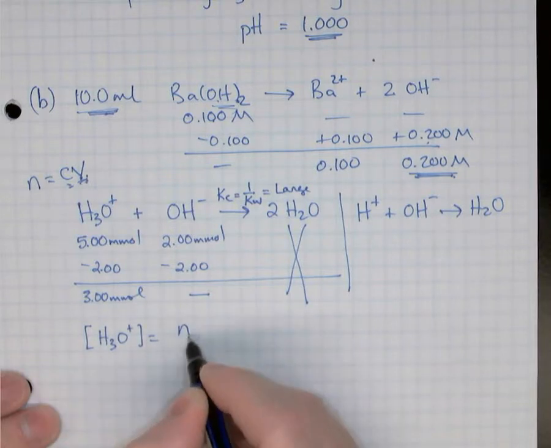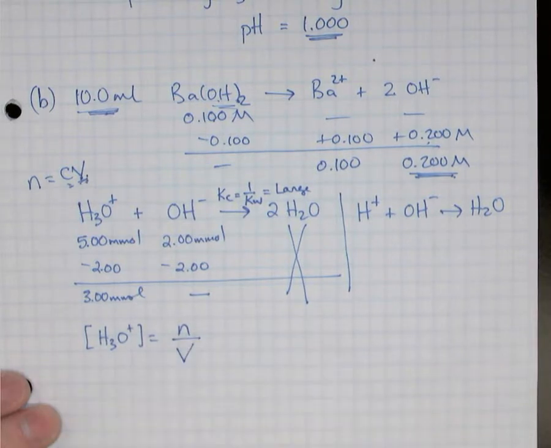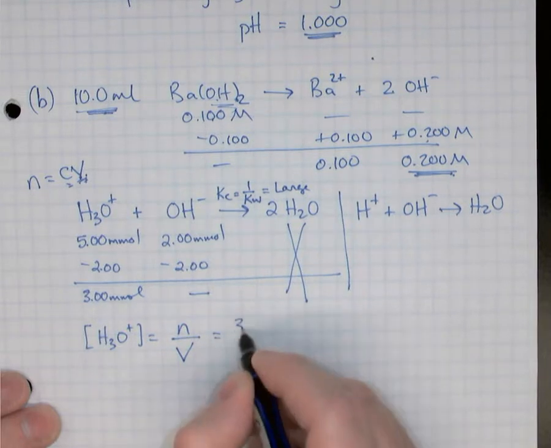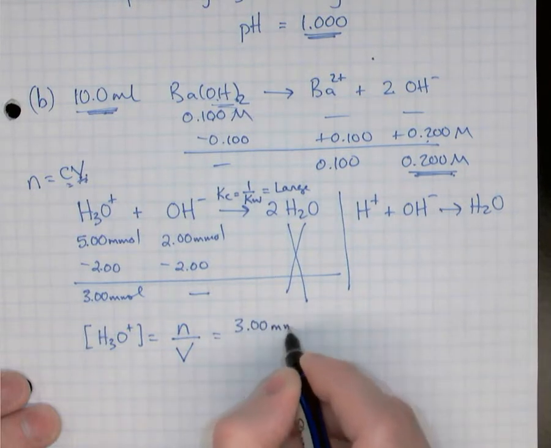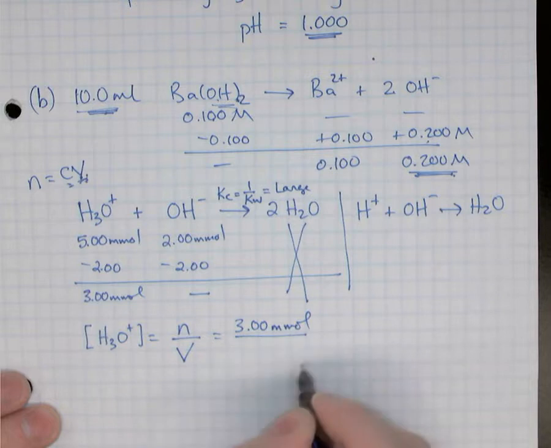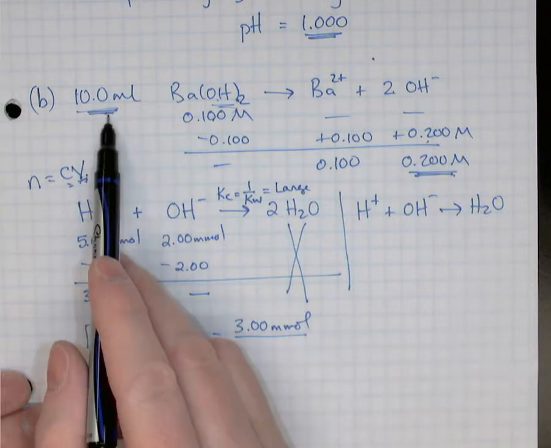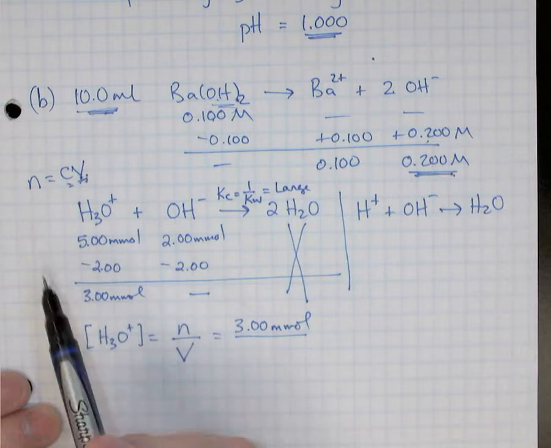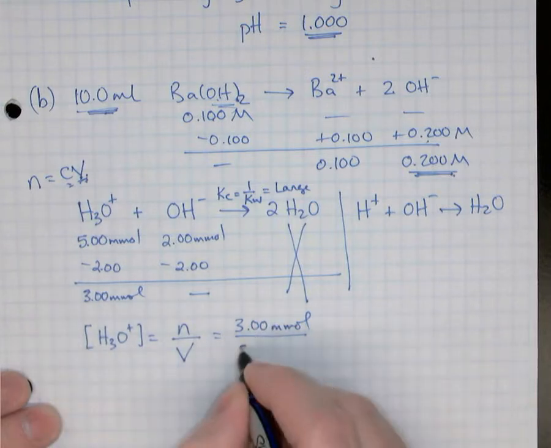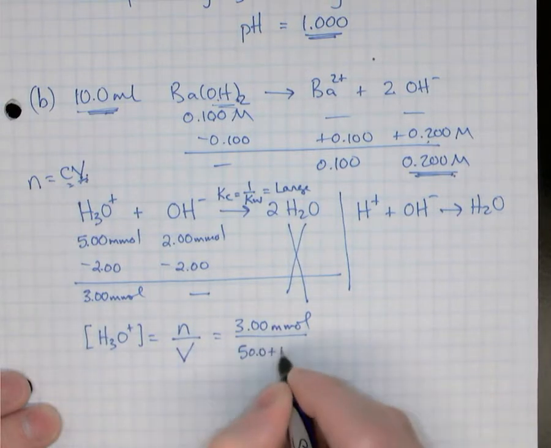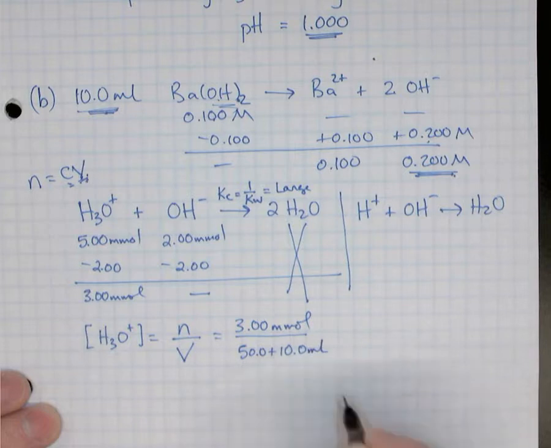We take the millimoles and divide by the volume. So if we have 3 millimoles, we'll divide by the total volume now in the titration, but we're going to leave the volume in milliliters because we're using millimoles. So if we had 10 milliliters, and we originally had 50 milliliters of acid, then the total volume is now 60 milliliters.